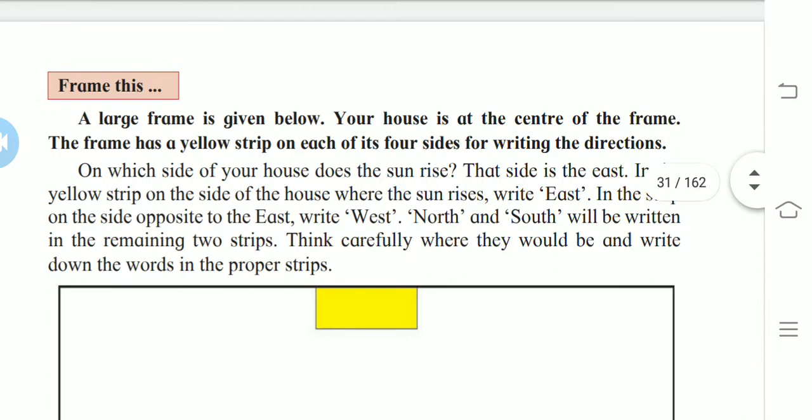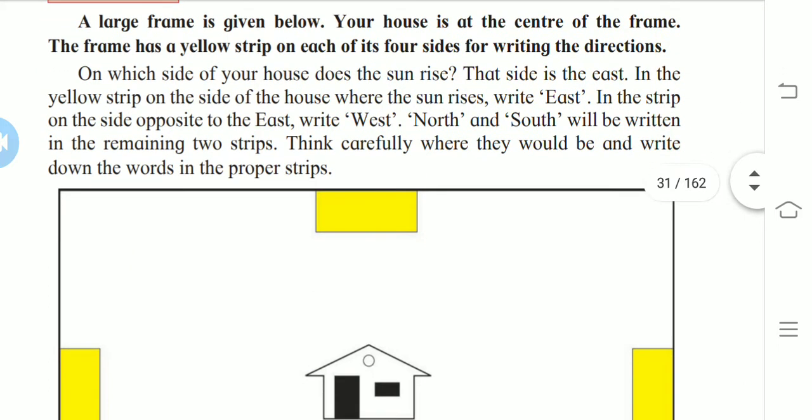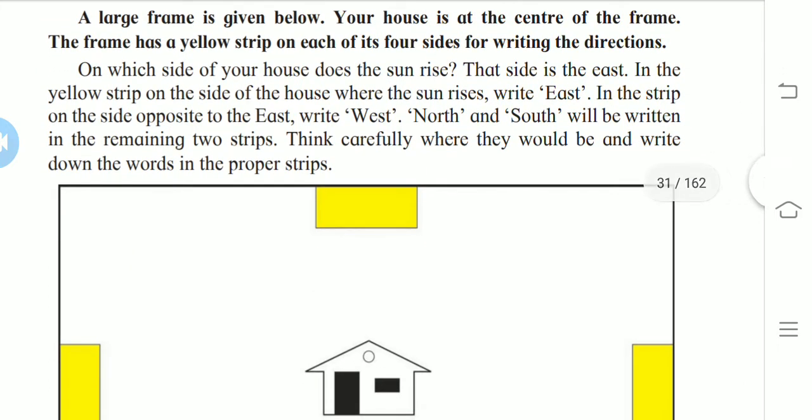Frame this. A large frame is given below. Your house is at the center of the frame. The frame has a yellow strip on each of its four sides for writing the directions. On which side of your house does the sun rise? That side is the east.